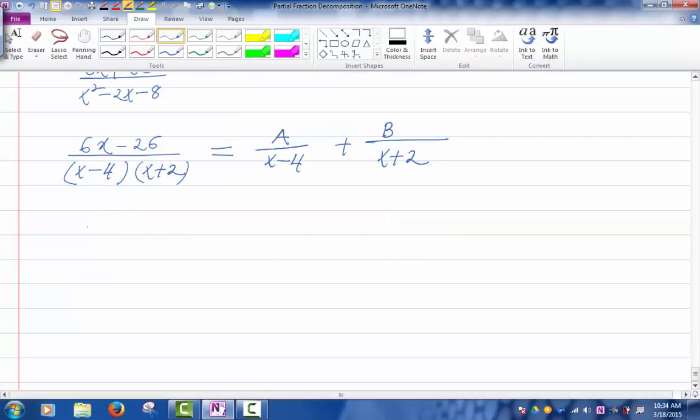And then this would be 6x plus 22, which is equal to, so what I'm doing is multiplying both sides by x minus 4 times x plus 2. The left-hand side should be plus 22. Oh, yes.